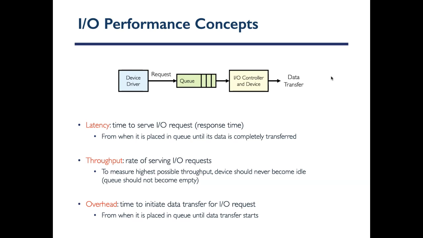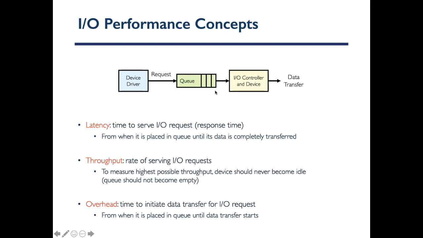So if you really want to see what is your device's highest throughput, you basically want this queue to always be full, because when this queue is empty, your controller is not gonna dequeue anything. So basically, it's gonna be idle, and that means that your throughput is going to go down. So if you want to really measure the highest possible throughput of your system, you want this queue to always be full.